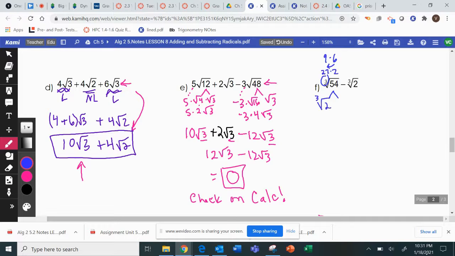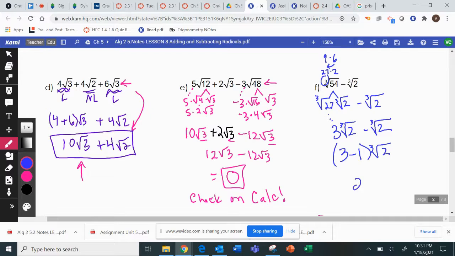So cube root 27, cube root 2. The cube root of 27 is 3. So we have 3 cube root 2 minus cube root 2. So that gives me 3 minus 1, cube root 2, 2 cube root 2.